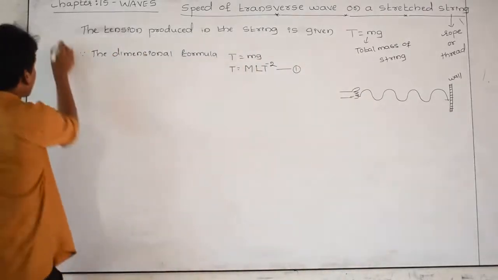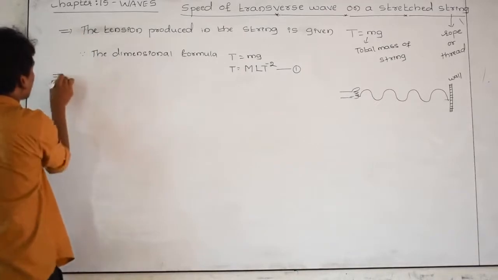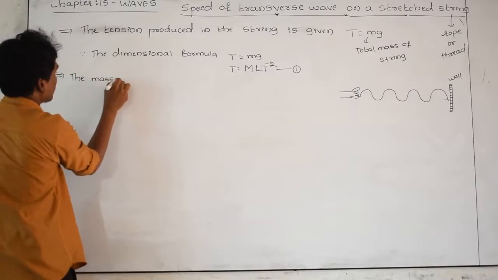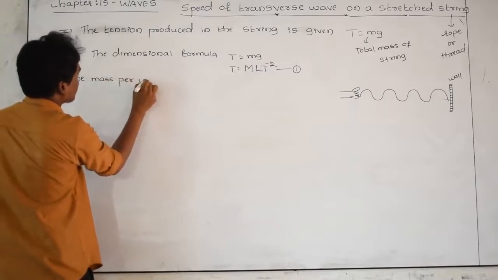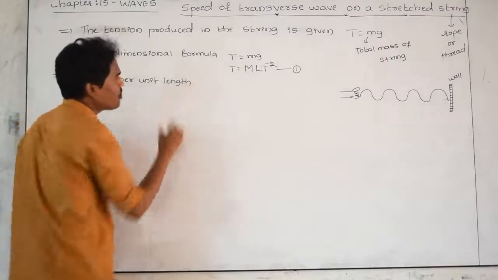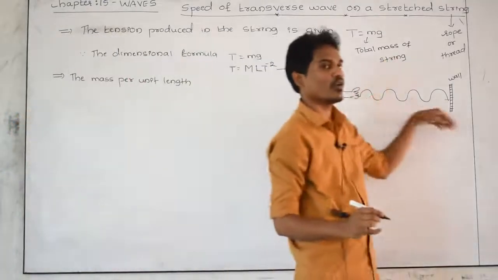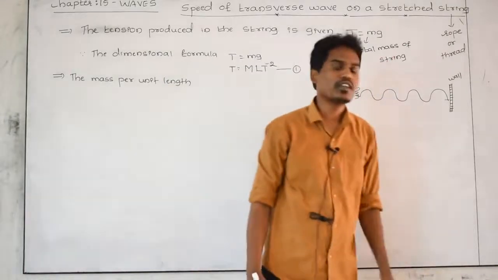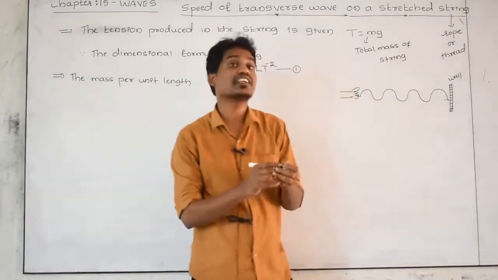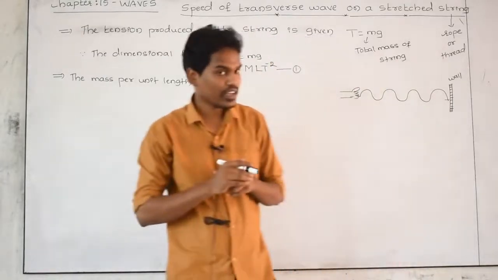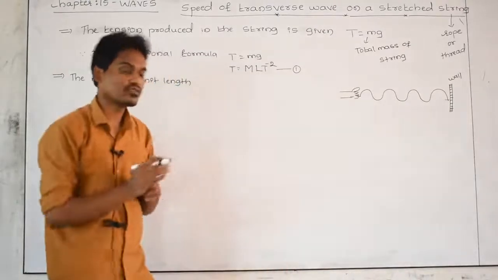And next, what I am considering, the mass per unit length of wire. What is mass per unit length? Because the speed of wave in the rope, the speed of wave in the solid medium, depends upon the inertial properties. When a wave moves inside a solid medium, its speed also depends on the mass of that solid medium.